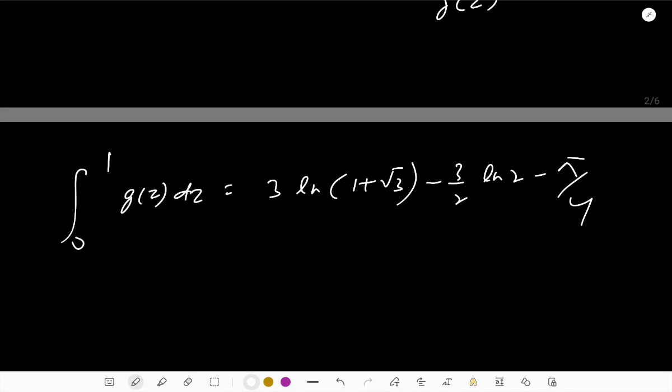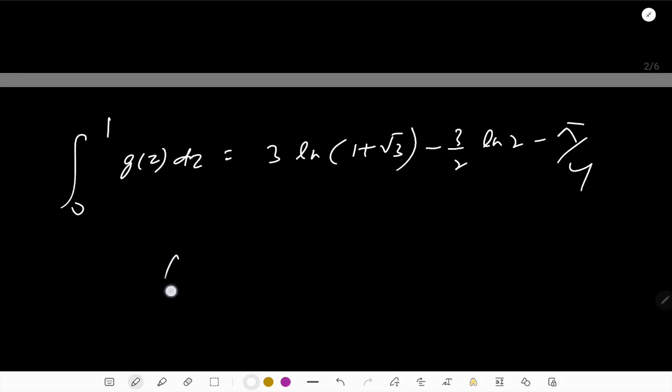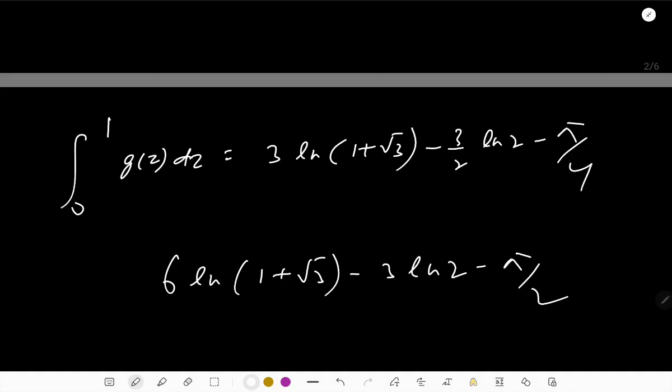At the center of the cube, the potential will be equal to 6 ln 1 plus root 3 minus 3 ln 2 minus pi by 2, and these are simple integrations.